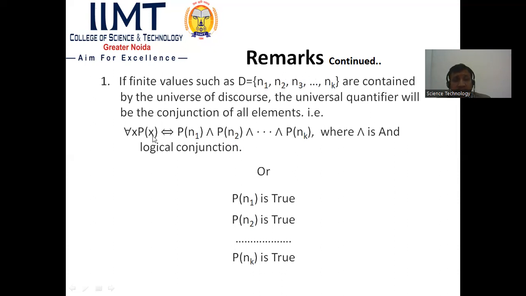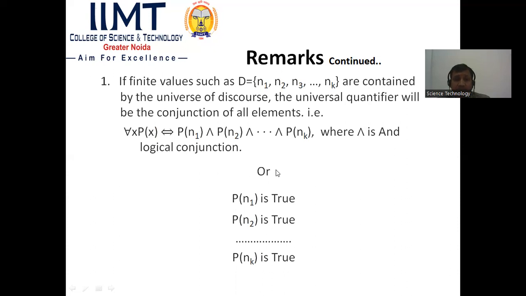If we are saying all values from D satisfy this property, that means the property is satisfied for n1, and the property is satisfied for n2, and so on up to the property being satisfied for nk.